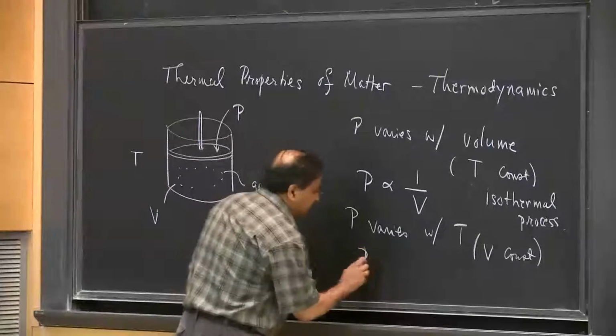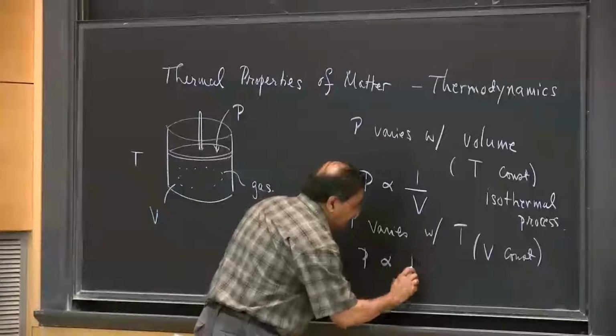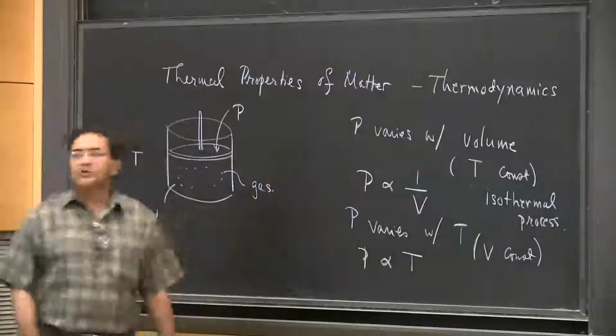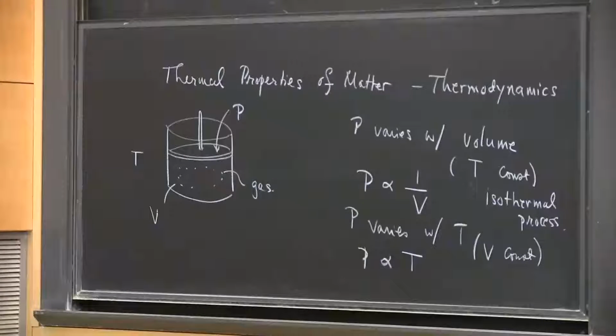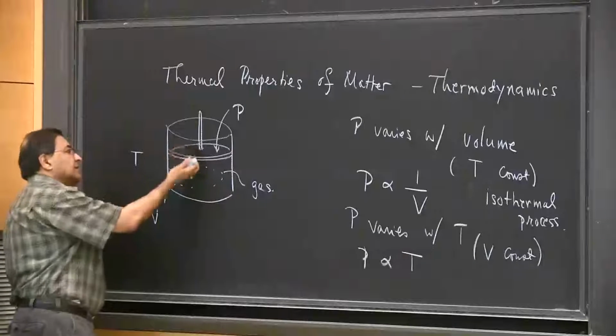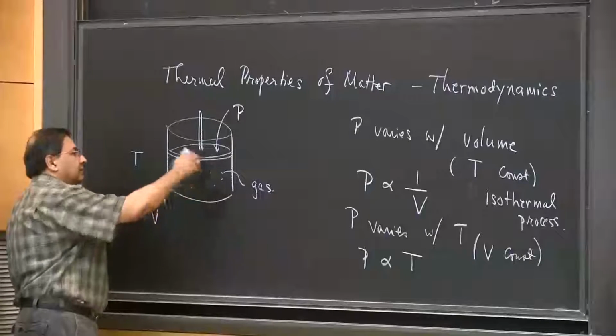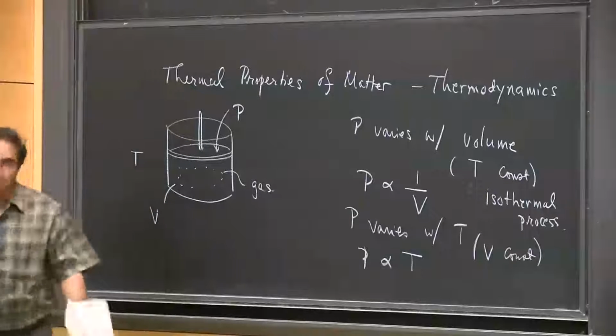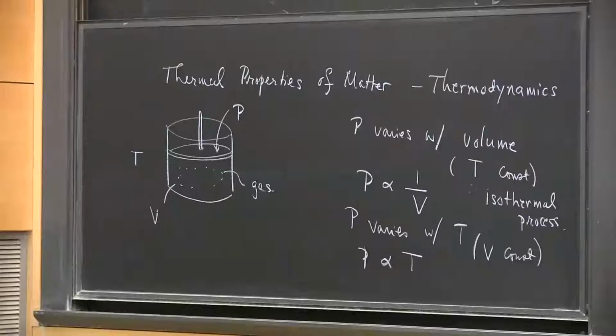So P varies as T. If you increase the temperature, the pressure will go up. That's also very intuitive, because if you increase the temperature, the kinetic energy of the gas molecules will increase. They're moving around faster, hitting this point, that point harder, and therefore the pressure will naturally go up.